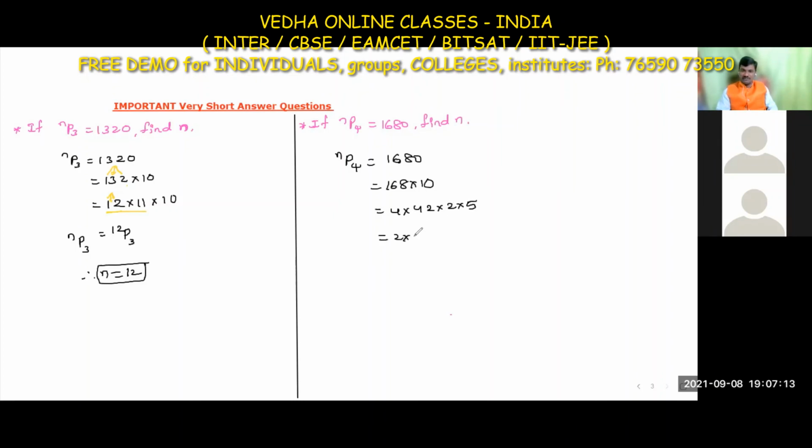Try to write them in prime factors. 42 factors as 7 into 6, and 2 into 5 as it is. So now this equals 2 into 2 and 7 into 6, where 6 is 2 into 3, into 2 into 5.